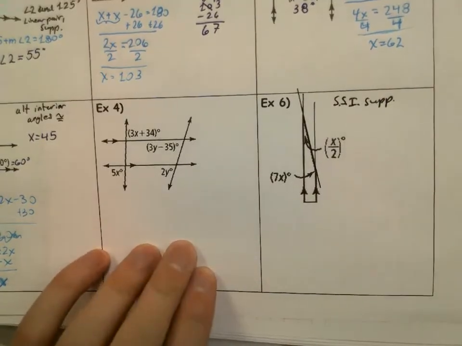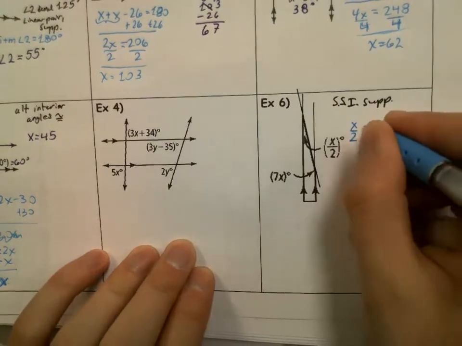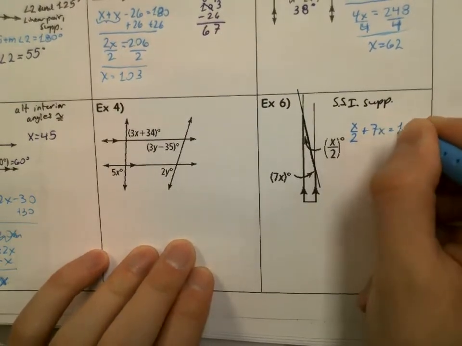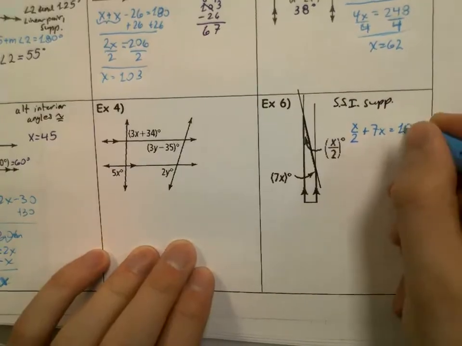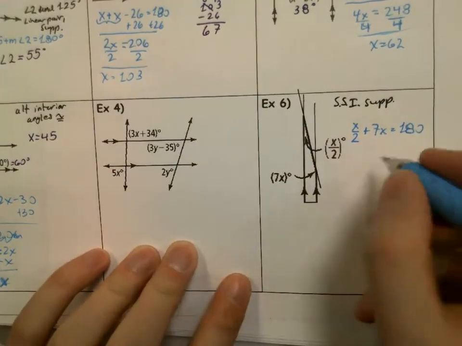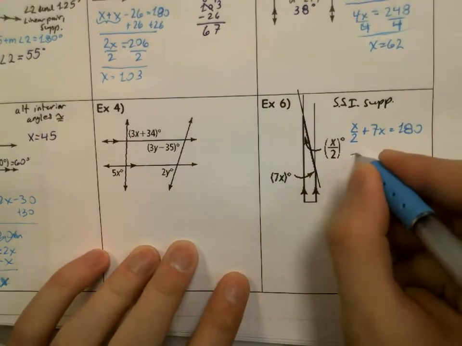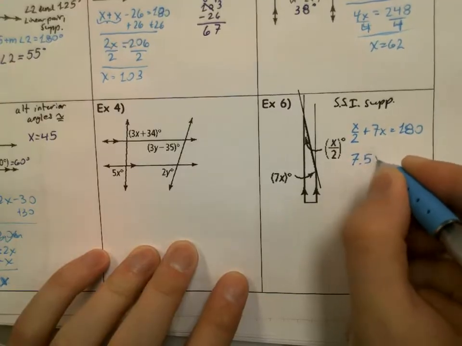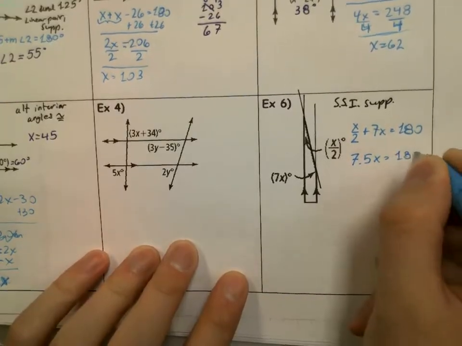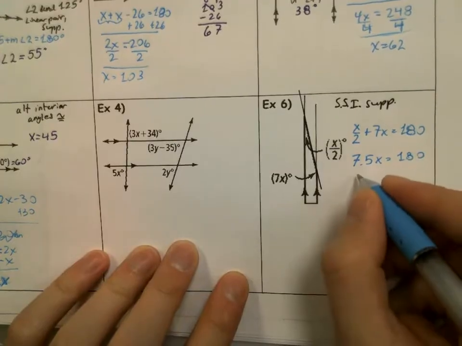Which means that x divided by 2 plus 7x equals 180. We got to add some fractions. If you want to take the shortcut, you can just say 7.5x equals 180. Divide by 7.5.